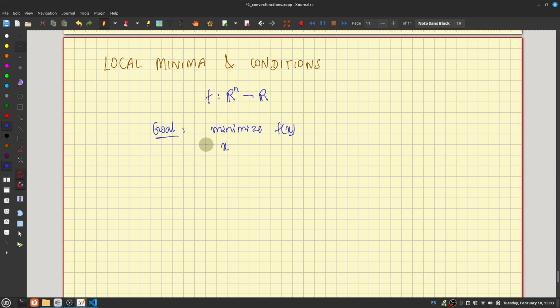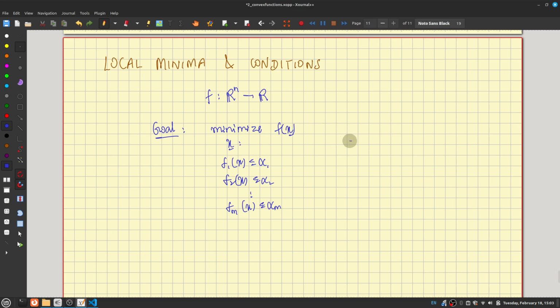Right, so we could say that over all x such that maybe f1 of x is less than or equal to alpha 1, f2 of x is less than or equal to alpha 2, some fm of x is less than or equal to alpha m, and so on. That's one way of representing a constrained optimization problem or a constrained minimization problem, right?